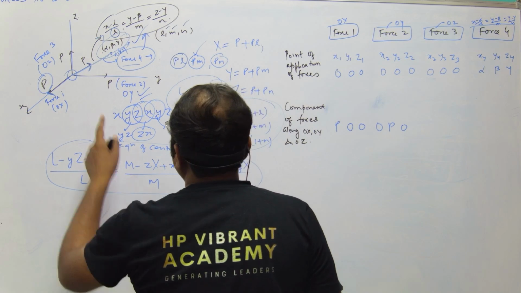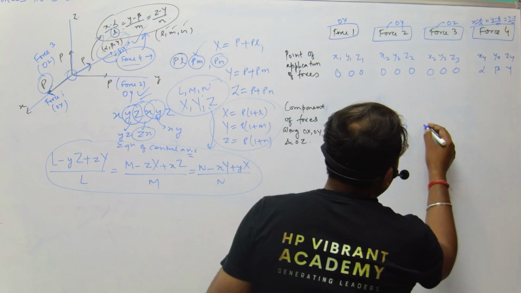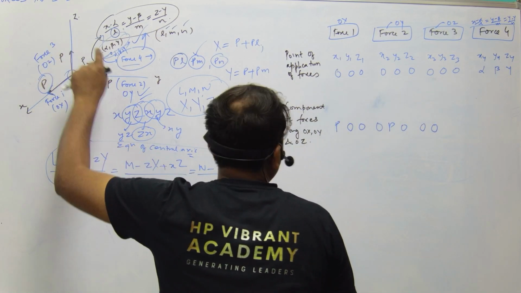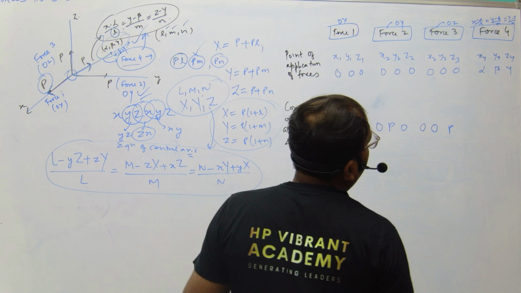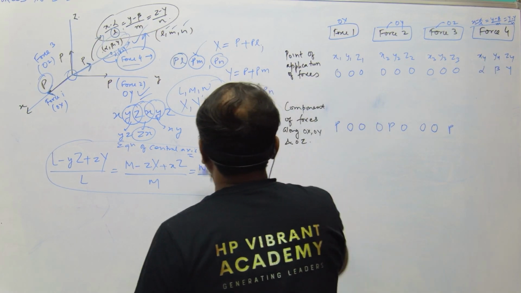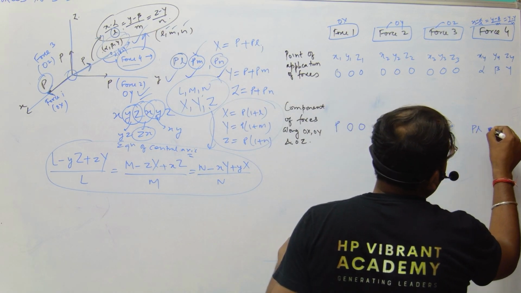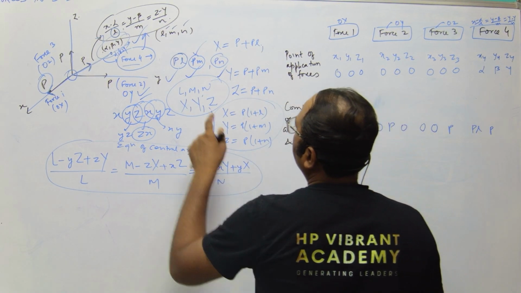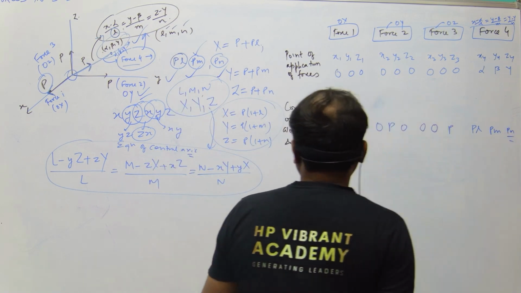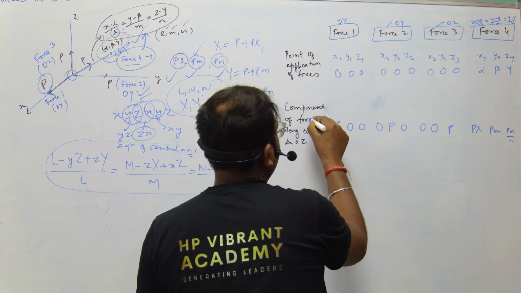For force 3 this is along z axis. Okay, so the component of force is 0, 0 and along z axis we have P. Okay, now for force 4 we have the components as PL, PM and PN.